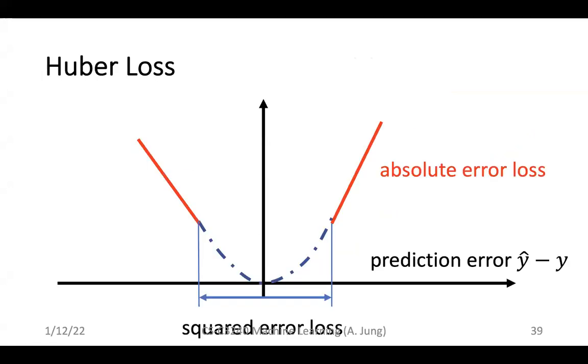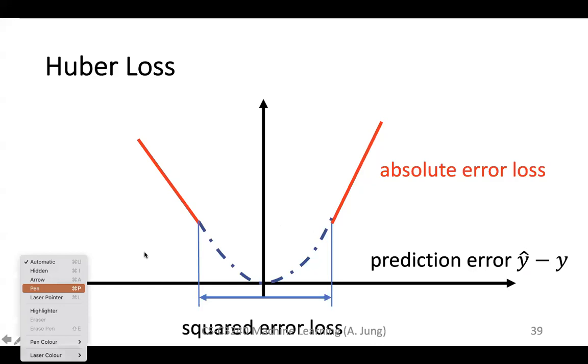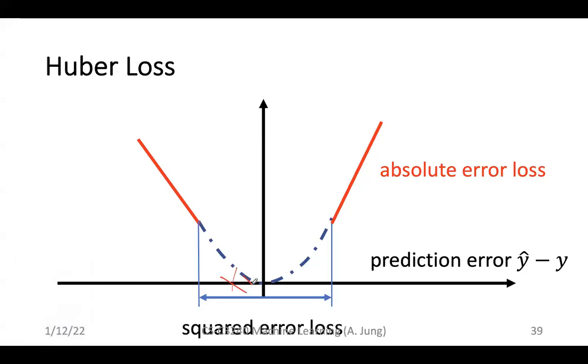And I just want to point out that the squared error loss and the absolute error loss can be generalized to something that is called the Huber loss. So the Huber loss is kind of a blending of the absolute error loss and the squared error loss. It is defined by having the squared error loss for small prediction errors, because we assume that these prediction errors arise for the clean data, for the bulk, for most of the data points which are not outliers.